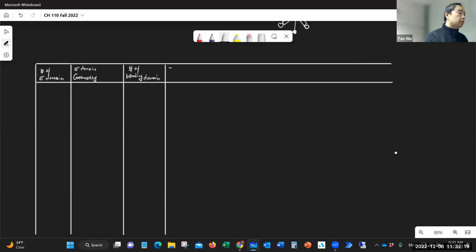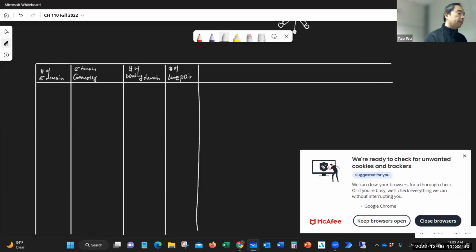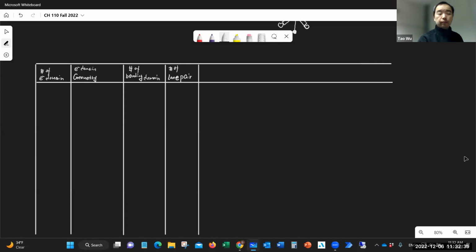The next one is the number of lone pairs. Then the next one is the structure, the molecular geometry, or you can call it the molecular shape. What is the shape of the real molecule?